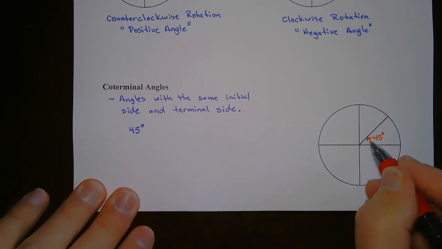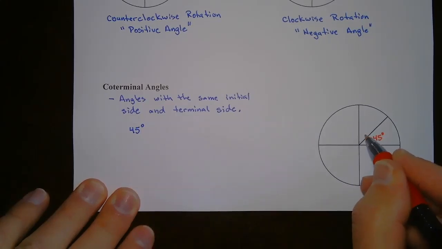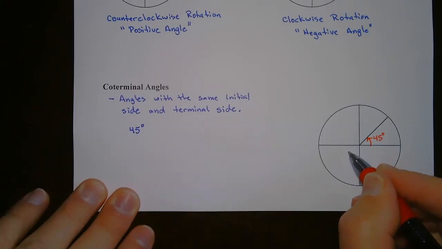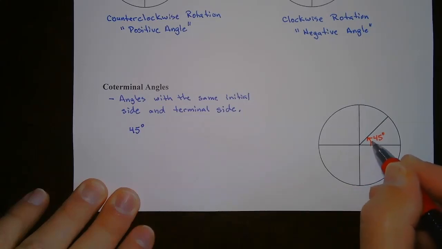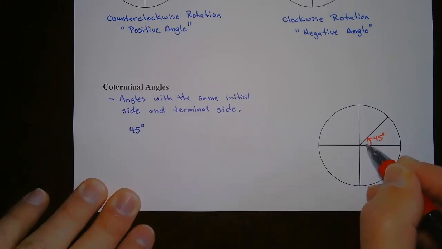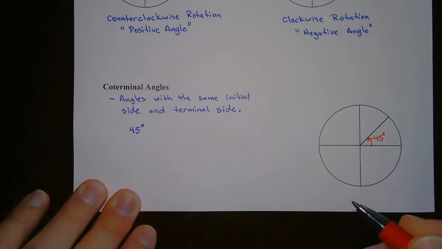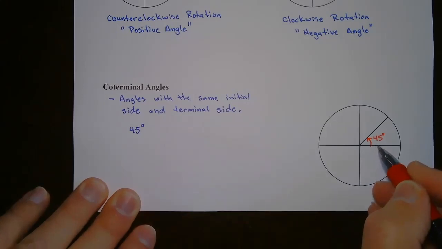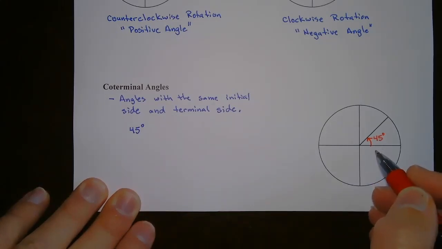So we rotate 45 degrees. If I do one more full rotation all the way around, that'd be adding 360 degrees to this, right? Because one full rotation is 360 degrees. So I could get another coterminal angle by taking 45 and adding 360 degrees to it.